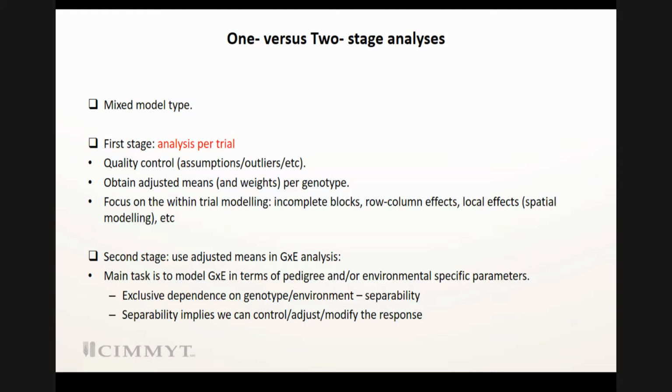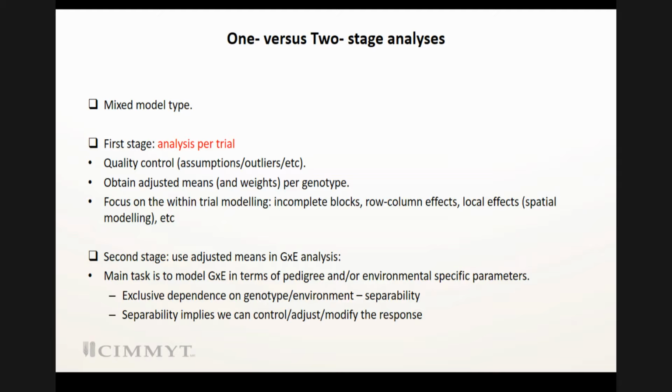In this case, this is not really going to be helpful for us as we don't have the row column information, but it's a very powerful technique which enhances spatial analysis of these field trials.